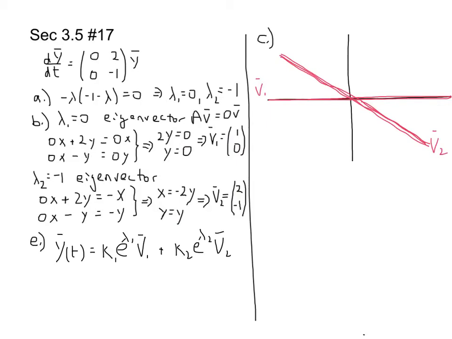However, in this case, because lambda 1 is 0, this term is rewritten as just k1 times v1, and our v1 in this case is 1, 0. And for k2, our lambda 2 is negative 1, so negative t, and our eigenvector is 2, minus 1.